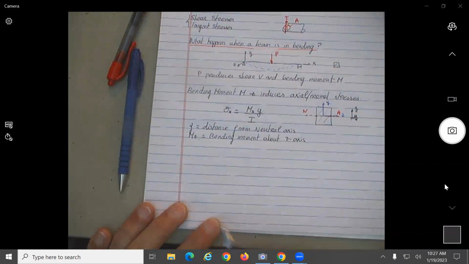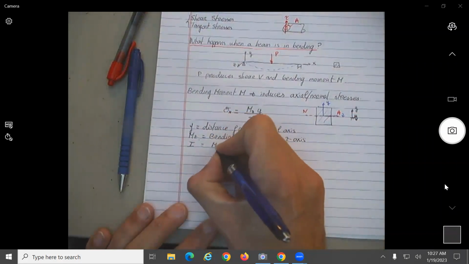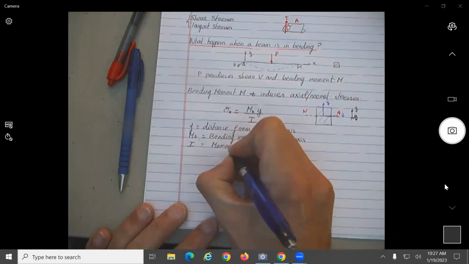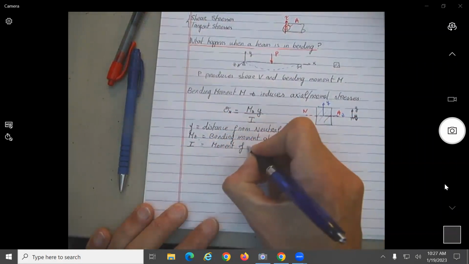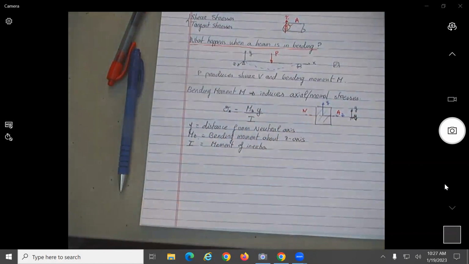Here we have an I. What is I? Okay. So it's area moment of inertia, but if you want, you can just call it moment of inertia. Okay, so what is the physical meaning of the moment of inertia? Okay, so it's related to the cross section. Yeah, perfect. Resistance to what?